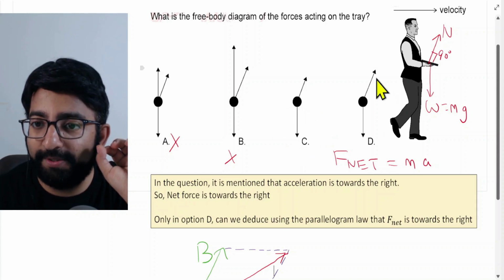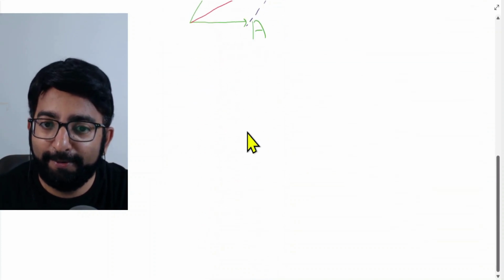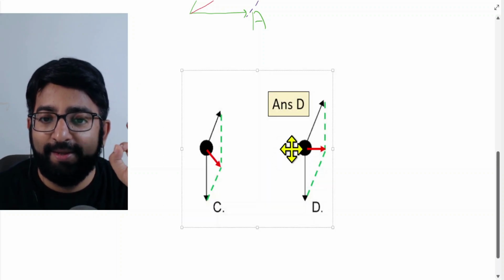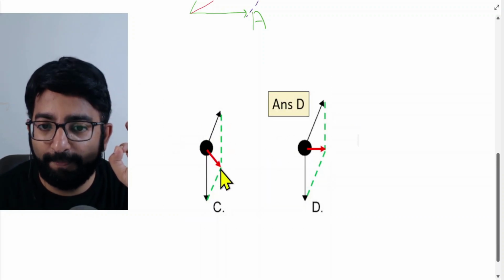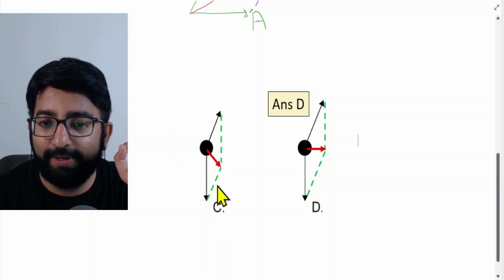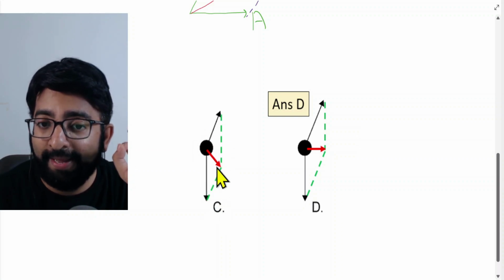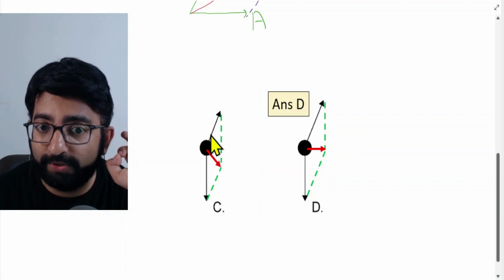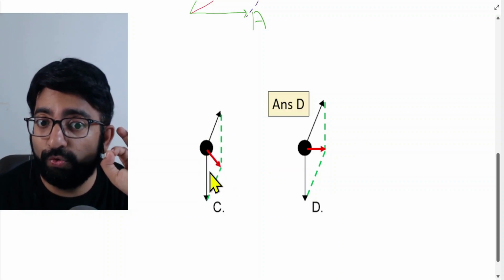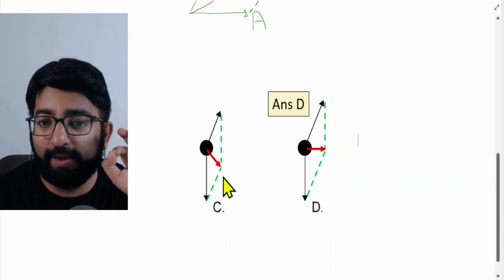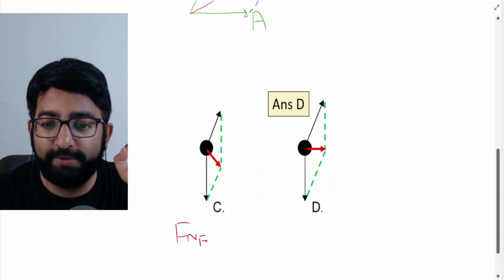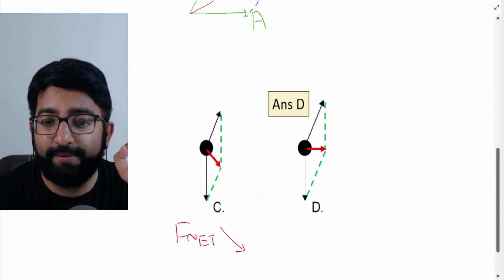If you look at option C as well as option D, let me show you the diagrams. In option C, if we draw the parallelogram, these green dotted lines complete the parallelogram, and the red arrow is the diagonal. So the resultant of these two black forces is the red arrow, which means in option C, the net force is in this particular direction.